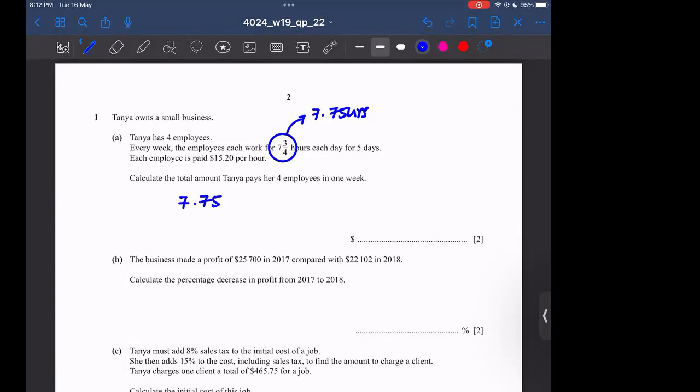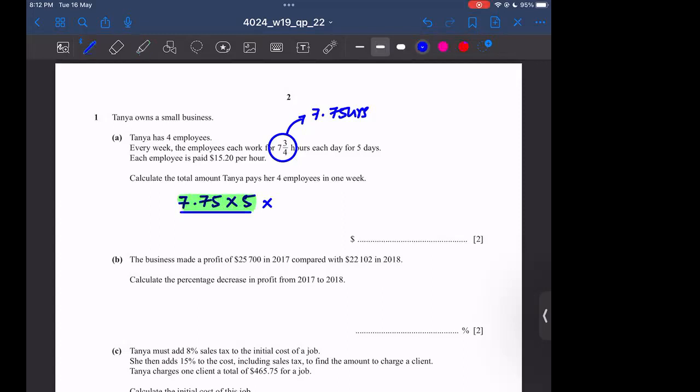If he's working for 5 days in a week, I'm going to multiply with 5, so I get the number of hours for a week.